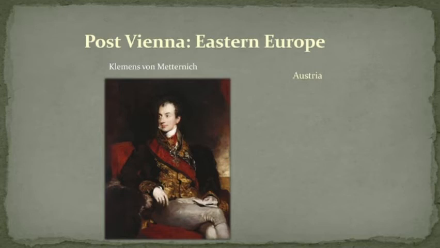You needed to suppress any sort of idea of popular sovereignty, and Metternich recognized that if any of these ideas, either liberal or nationalist, ever were allowed to flourish, then it would spell the doom of the Austrian Empire. And so under Metternich, Austria pursued a very conservative policy, all right, and did their best to try to squelch any sort of nationalist uprisings.